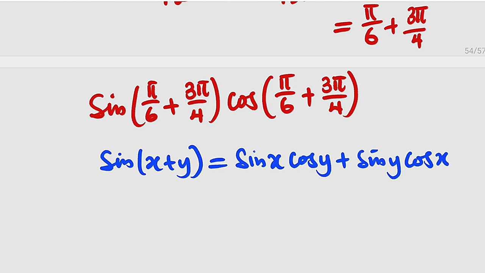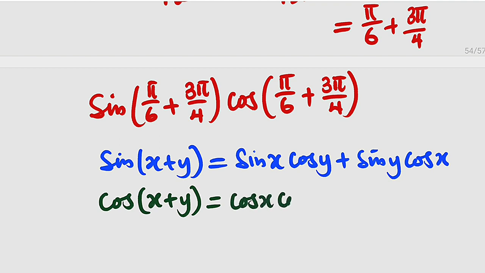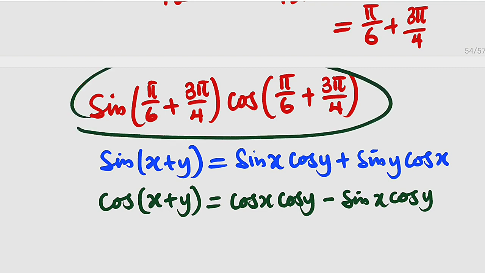And for cosine, if we have cosine of x plus y, this is equal to cosine of x multiplied by cosine of y, then instead of plus, we have minus sine of x multiplied by sine of y. So this is how to simplify the sum of angles for sine and cosine. We are going to apply the same thing in simplifying these two expressions.